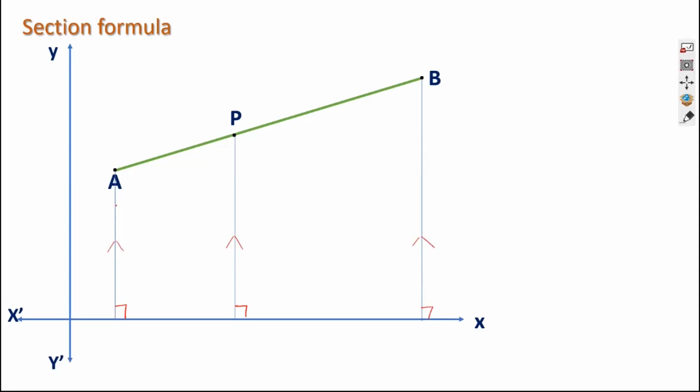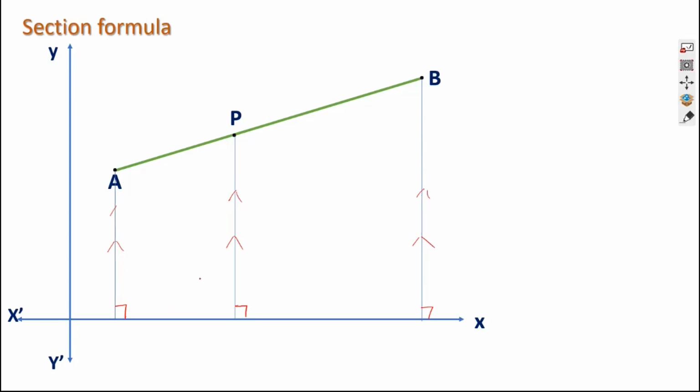If these are parallel lines, and APB is the line segment passing through these parallel lines, we know that they have proportionate intercepts. We will apply the principle of proportionate intercepts.